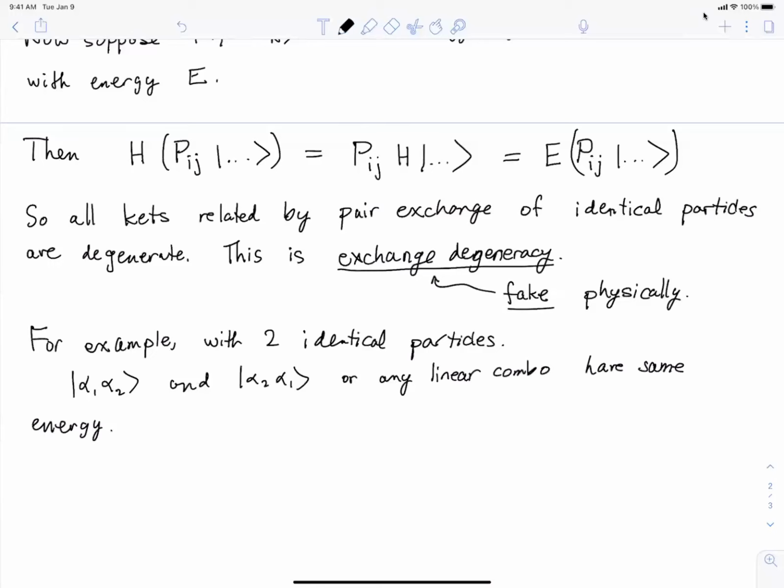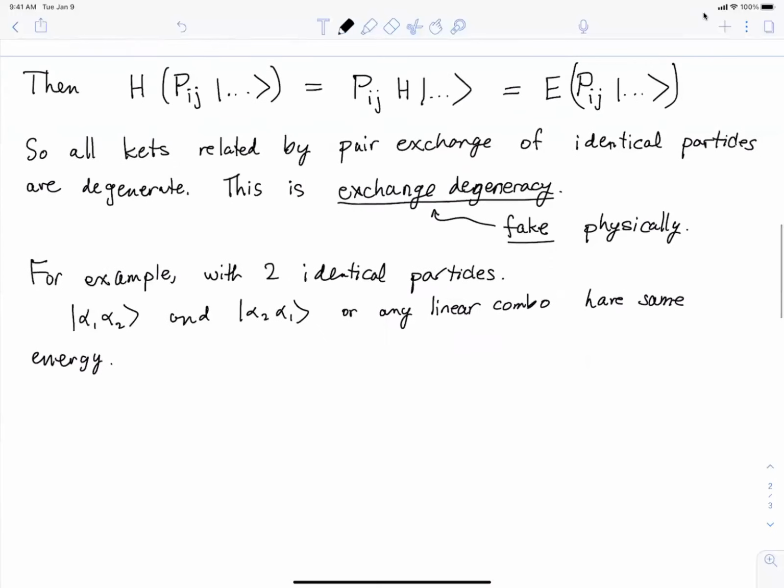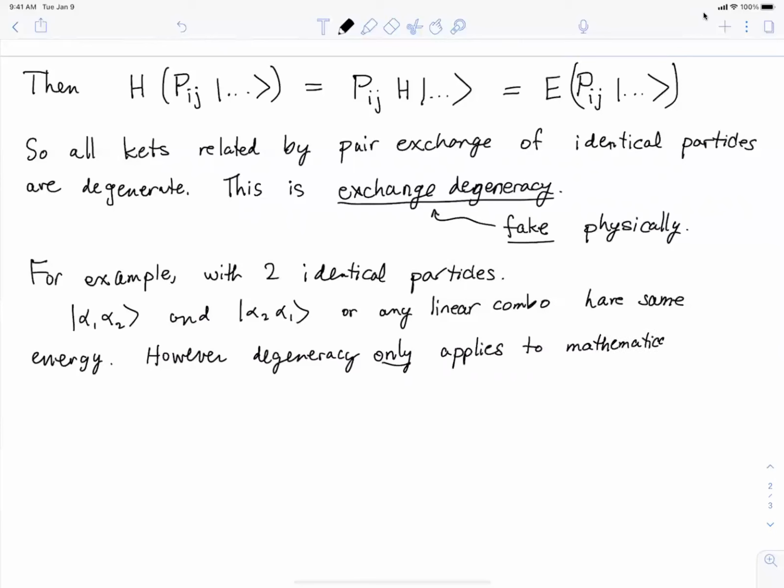But this applies only to the mathematical kets, not the physical states. So degeneracy only applies to mathematical kets. Not to physical states. And that's one reason why it's useful to distinguish between kets and states, which we've been a little bit sloppy about up till now.